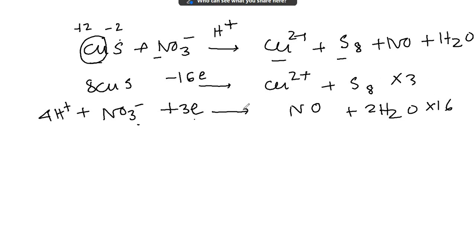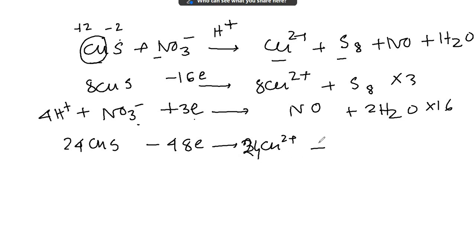Let's see what we get. It becomes 24 CuS, loses 48 electrons, gives you 3 Cu2 plus. 3 na, it will be what? 24 Cu2 plus, because the copper doesn't undergo change in oxidation number, so it will be 24 Cu2 plus, 3S8.